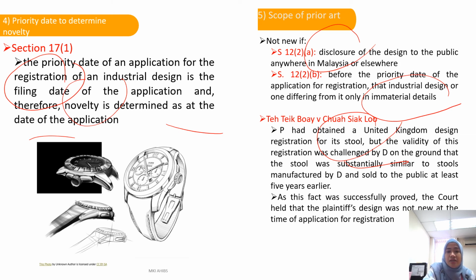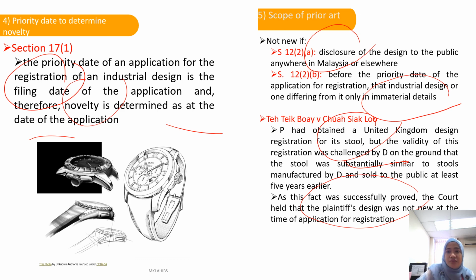Okay, they have manufactured and they have sold the design for 5 years before plaintiff filed for the registration. Okay, as this fact was successfully proved, the court held that the plaintiff design was not new at the date of the application for registration because there has been disclosure to the public.